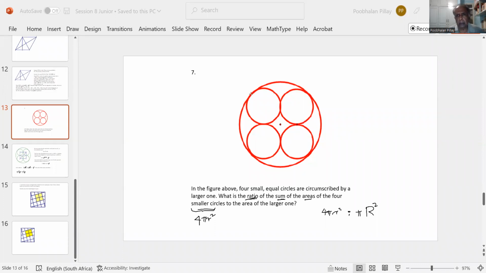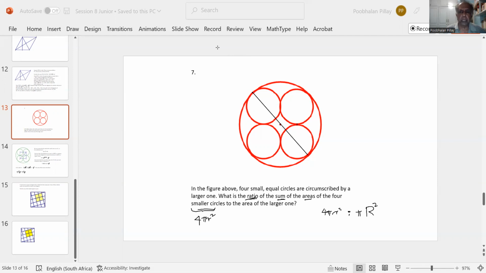Now, if I take a point of contact here, and I want to get the radius of the larger circle, I'll join it to this. I wouldn't be able to do much there, but I can go on to that. So that becomes the diameter of the larger circle.